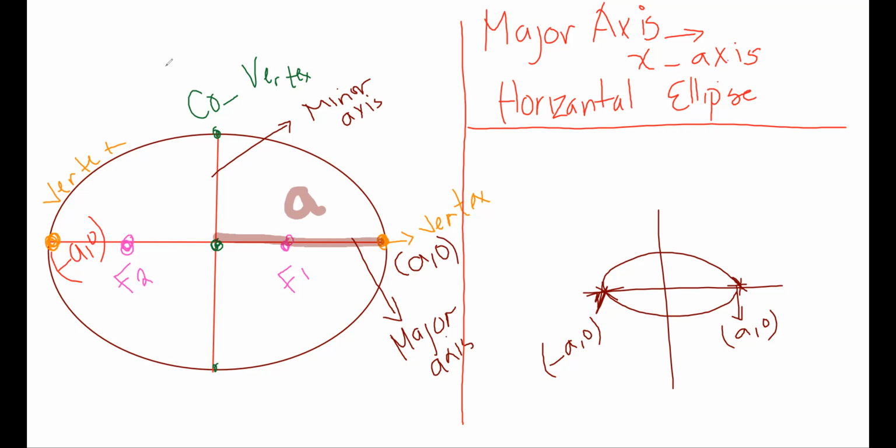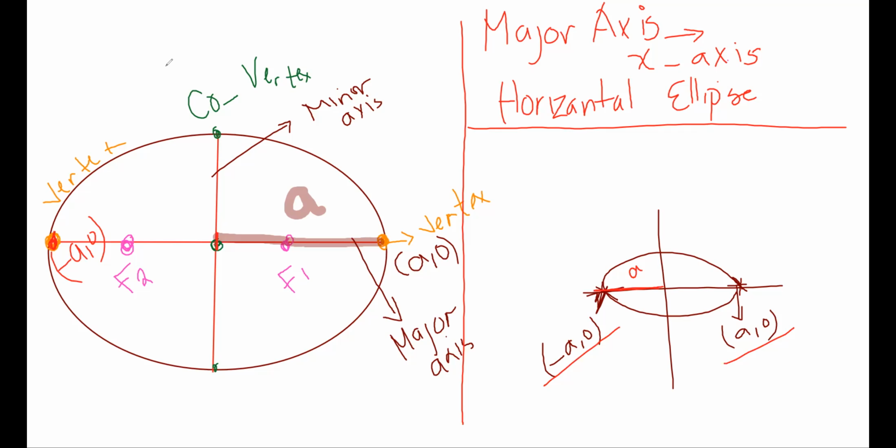These are the vertices of the major axis. Because the distance from the center to the vertex here is A, and also from the center to this vertex here is also A. So I can say now here the coordinate is negative A0, and here it is A0.